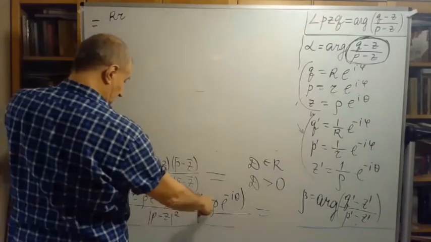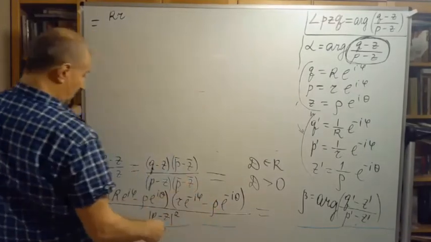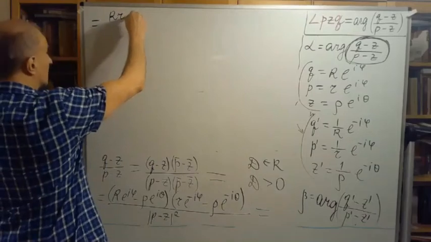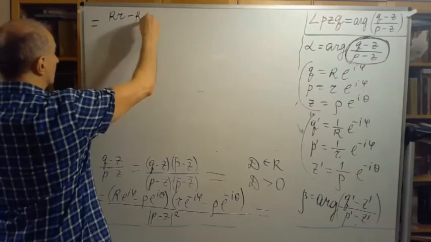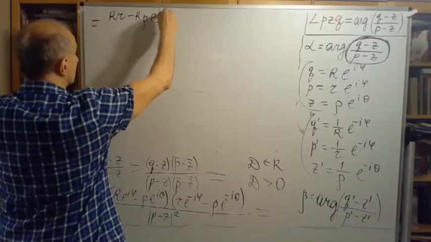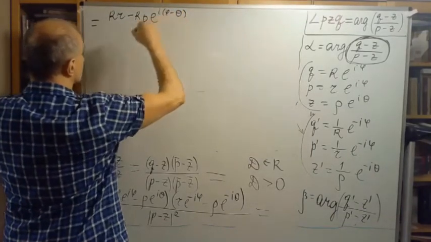Now r e to the power i phi times rho e to the power negative i theta, so it will be minus r rho e to the power i (phi minus theta).